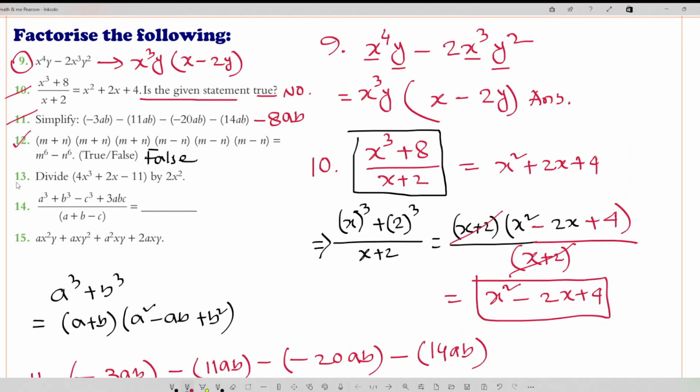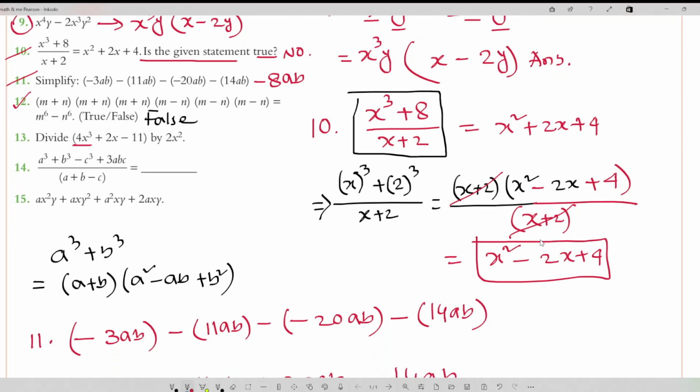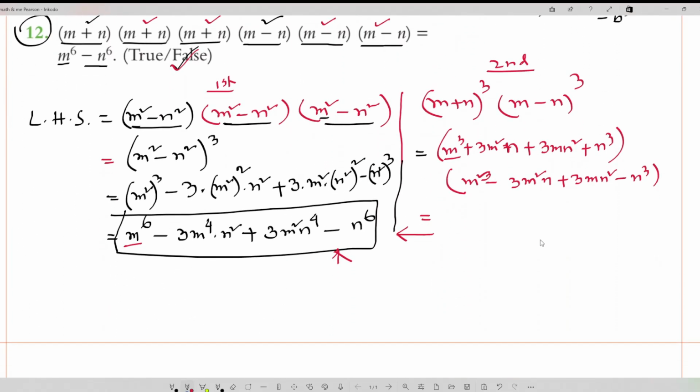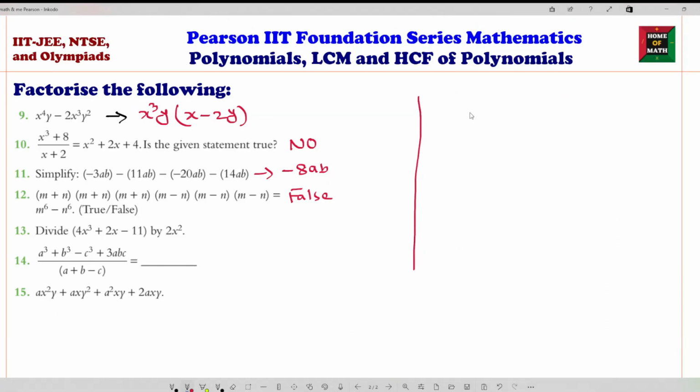Now number 13, here is 4x cube plus, we can write this one in here, or next page we can write. So here is 4x cube, it's number 13, 4x cube plus 2x minus 11, and we will divide by what? 2x square. So what can we do about this one?